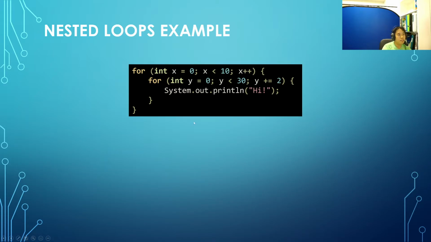So, here's an example. Go ahead and start thinking here, because the trick is y. This time, I'm going to change y by adding 2 every time. Alright, can anyone tell me how many times hi is going to print?